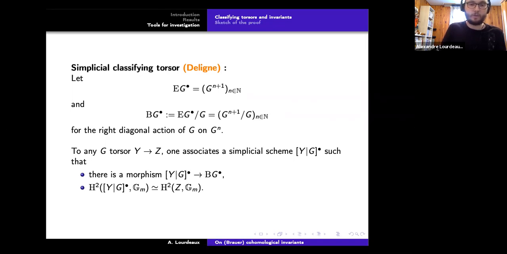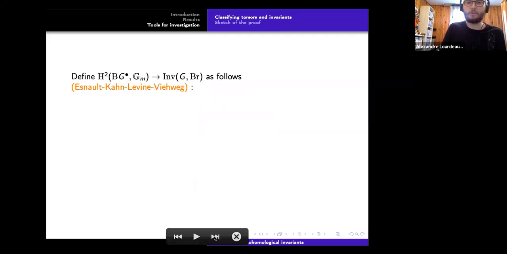And an interesting case of cohomology of simplicial schemes is that if we take the degree 2 cohomology of YG with coefficients in Gm, we recover the cohomology of the base Z. And thanks to this construction, we can define a morphism from H2 of BG, Gm into the group of Brauer invariants as follows.